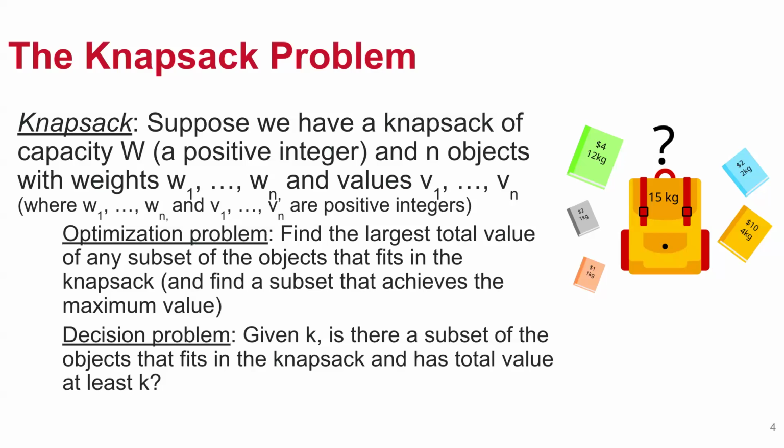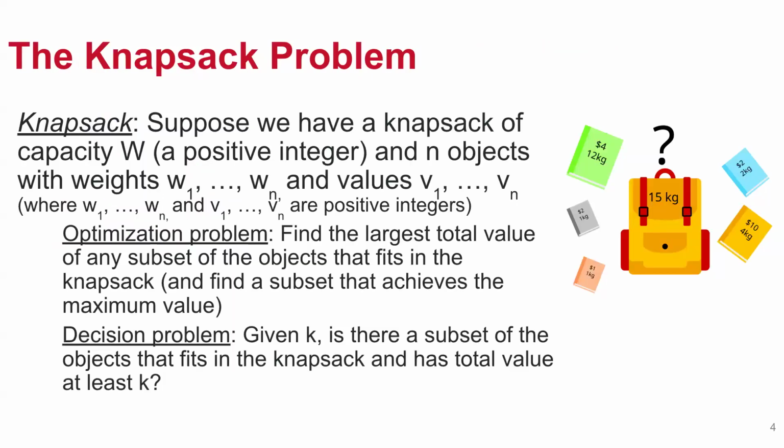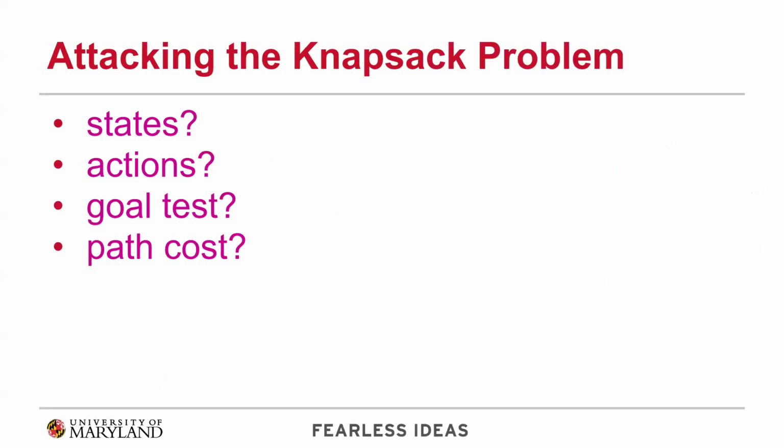I think the state would be just the subset itself, what's in this subset. And the action is put in and put out, like whether an object is selected or not, right?